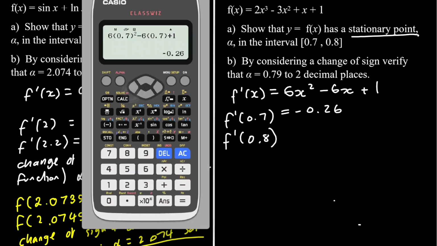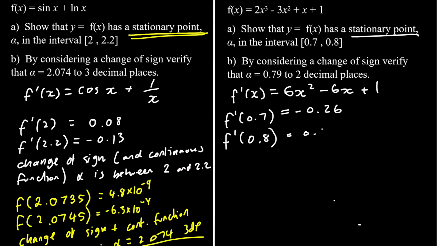And for 0.8, we get 0.04. So again, we have a change of sign and a continuous function.